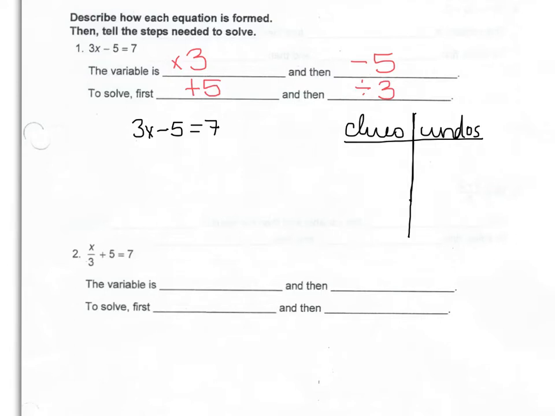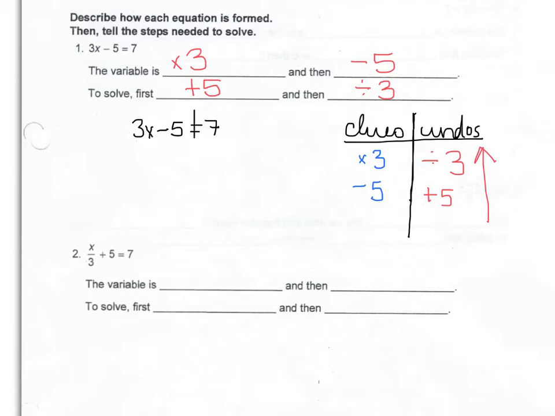Just like we said in our sentence, the first thing that we're doing to our variable is multiplying it by 3. Then we're subtracting 5. When we're solving on our undos, we're going to work from the bottom up. To undo subtraction, I'm going to be adding 5 to both sides of the equal sign. And then to undo my multiplication, I'm going to be dividing both sides by 3.